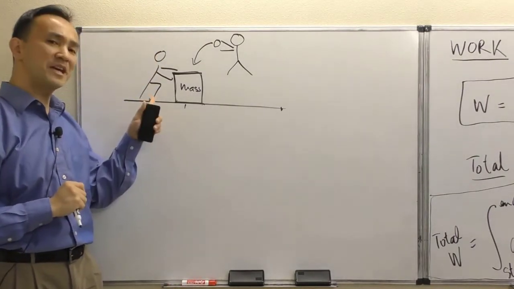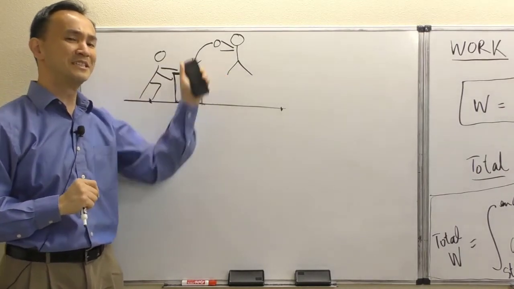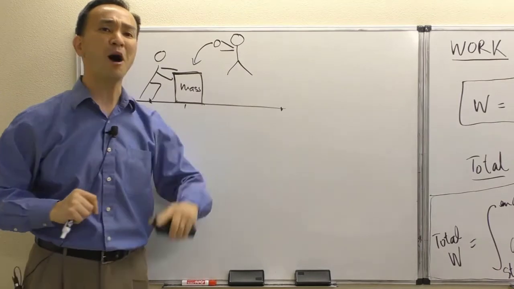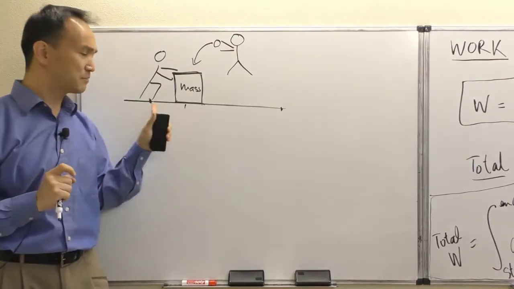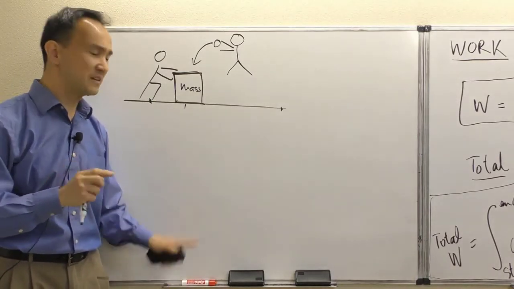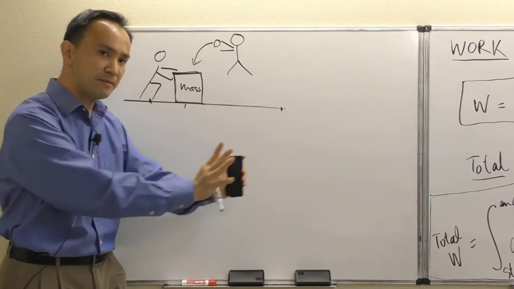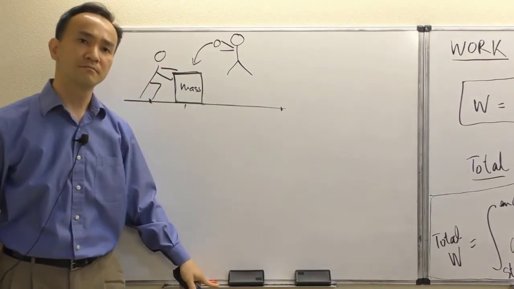So as this man keeps going along without realizing that somebody is constantly leaving more objects into his box, what do you think he will feel? He's going to feel that he has to exert more force. He has to keep increasing his amount of force in order to maintain the pushing.